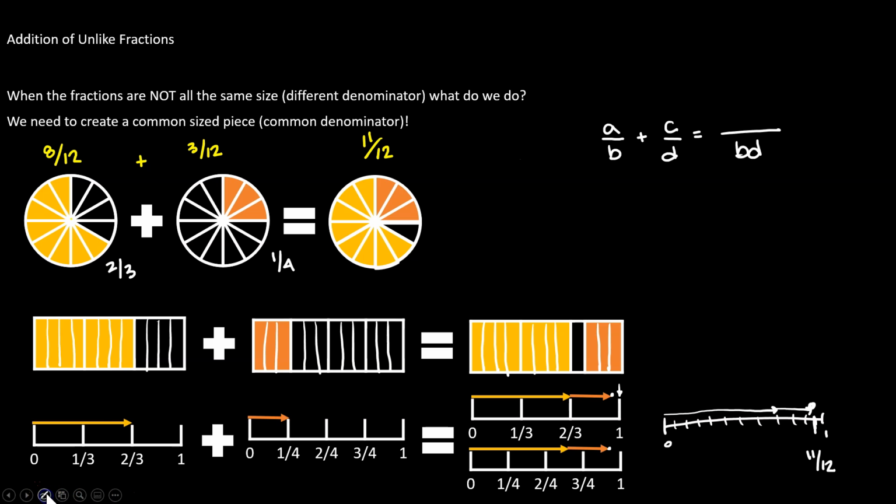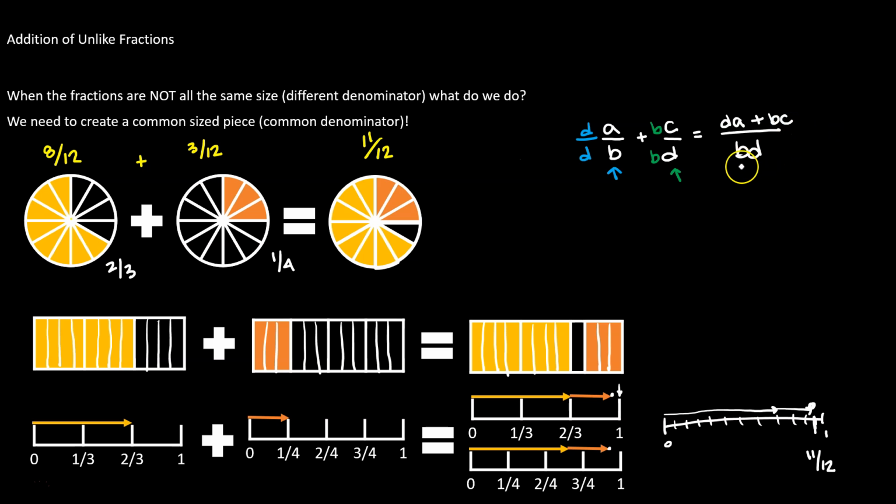And that's because finding a common denominator is using that law of fractions, where if I want this fraction to have a denominator like BD, I need to multiply the numerator and the denominator by D. And if I want the other fraction to have a denominator like BD, I need to multiply the numerator and the denominator by B. So if my common denominator is B times D, then my numerator would become D times A plus B times C.